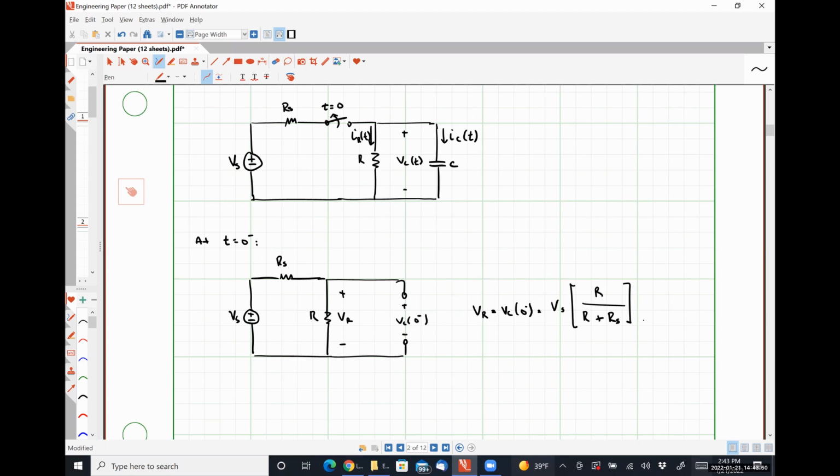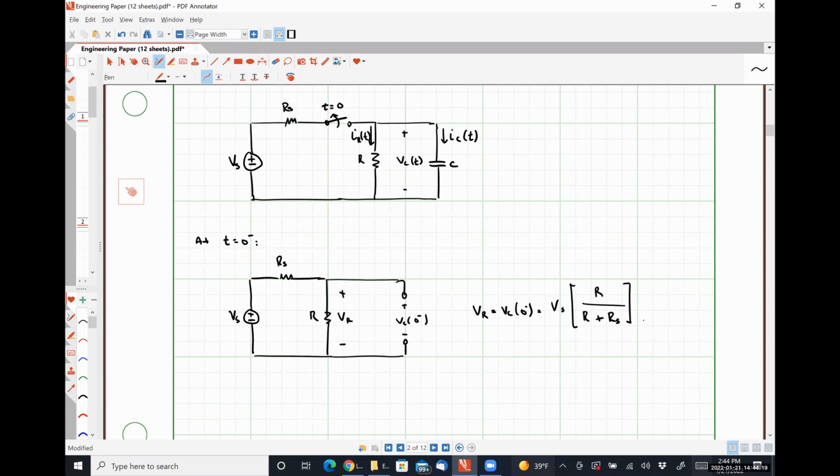So since our capacitor has some voltage drop over it, it must have some energy stored in it, right? At t equals 0 plus, the instant after the switch has changed states, that capacitor voltage doesn't change, and so the capacitor has to keep that amount of stored energy.